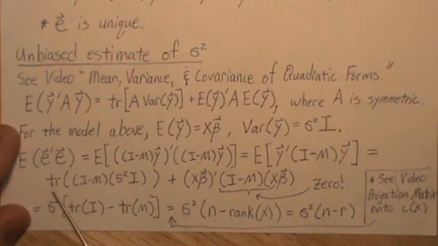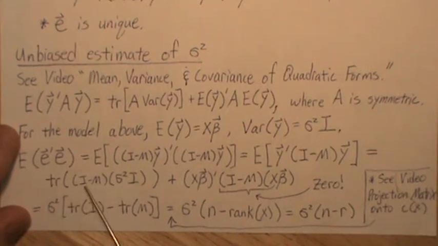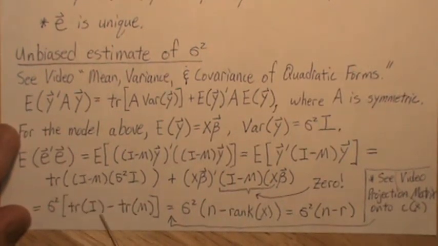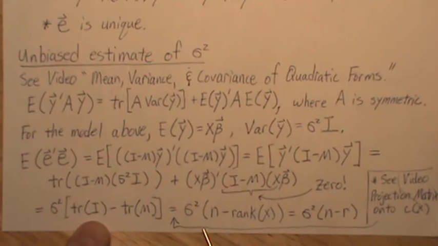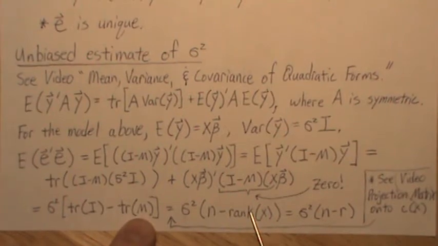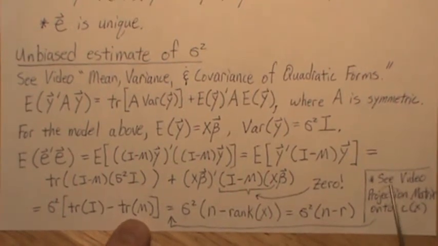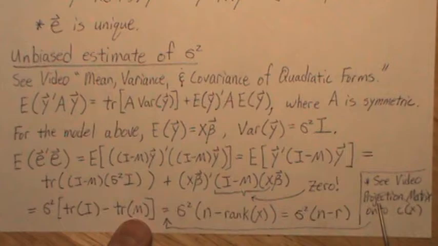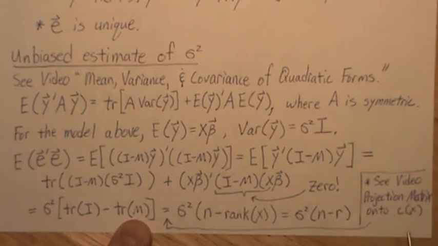So what's left now, the constant we can take out front, and the trace we can just take the trace of each matrix. This is the identity matrix, so that's n, and the trace of M is whatever the rank of x is. And I'm going to point you to a video we put out called Projection Matrix onto the Column Space of x.